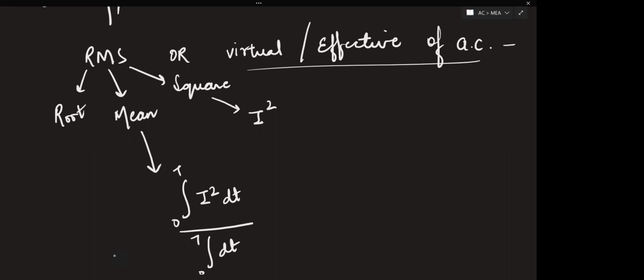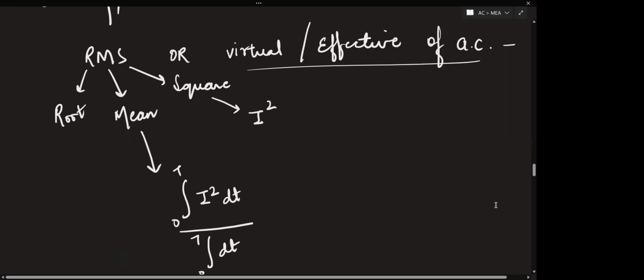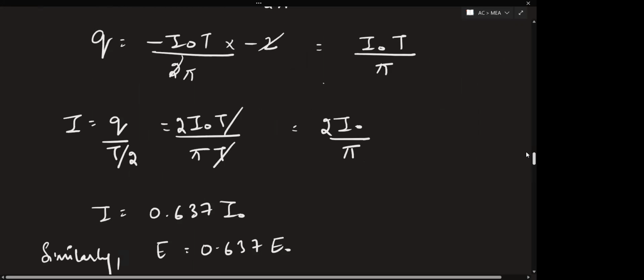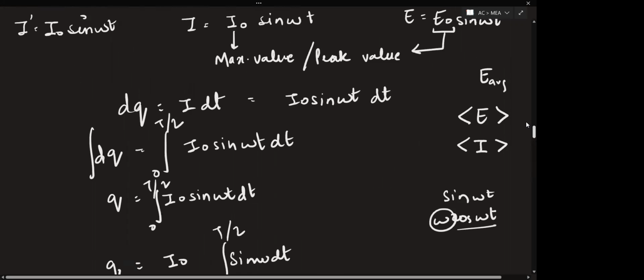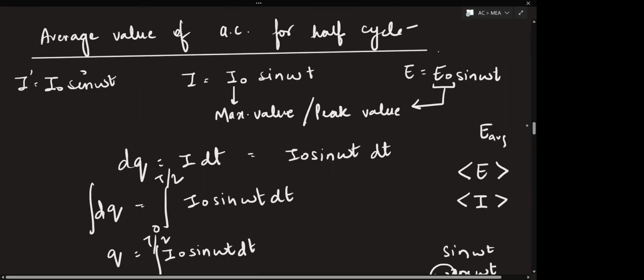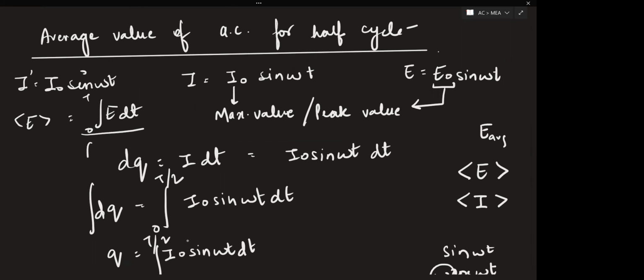There is no need of derivation, and this doesn't get utilized anywhere else. It is restricted to this lesson. Nowhere else will you use this concept for calculation of mean, so it's better to remember it instead of deriving and proving it. In the last question also, this could be calculated for the average value of EMF: integration of EMF dt over the full cycle, 0 to T, or the half cycle, T by 2.